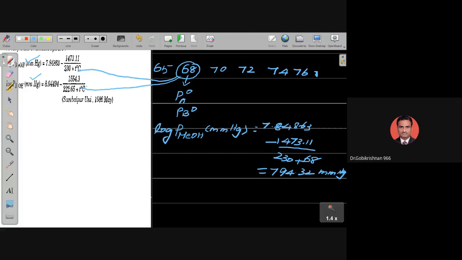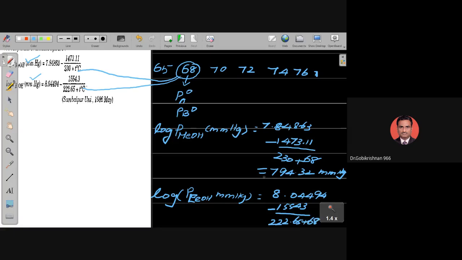Similarly, you have to find it for ethyl alcohol. What is the expression here? Log of the pressure of ethyl alcohol in mmHg is equal to 8.04494 minus 1554.3, whole divided by 222.65 plus 68, you have to add here.